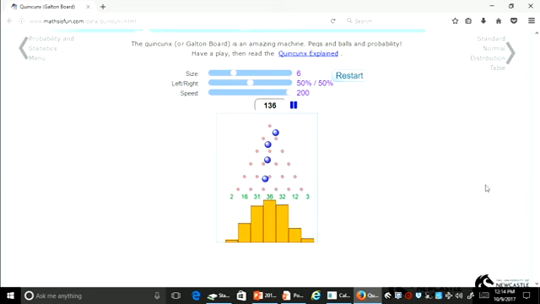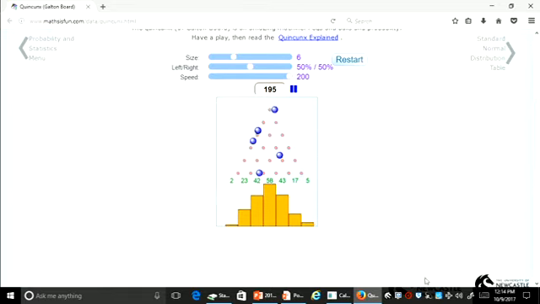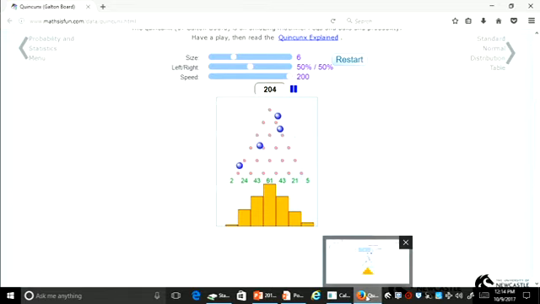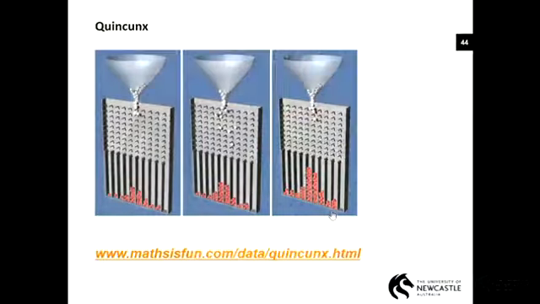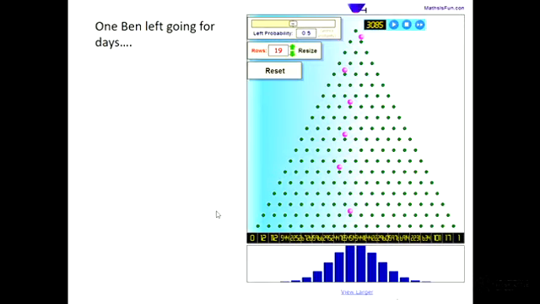And so that's where we get our 68, 95, 99.7. If it's just random variation, it's got a 50-50 chance of going either way at each obstacle, that will happen. I think, did I put it on here? Ben left one going for days once. Yeah, that's the one. Ben left that going for days.